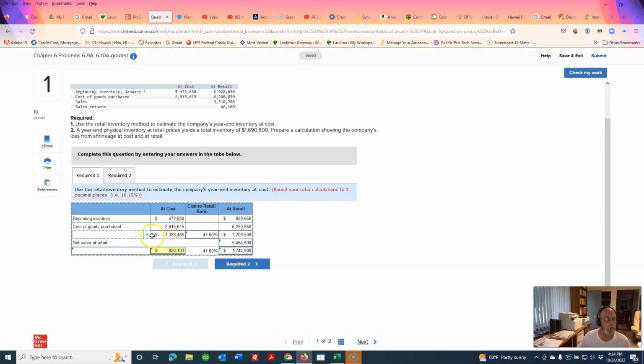Here we go. Forgot this amount, which was goods available for sale.